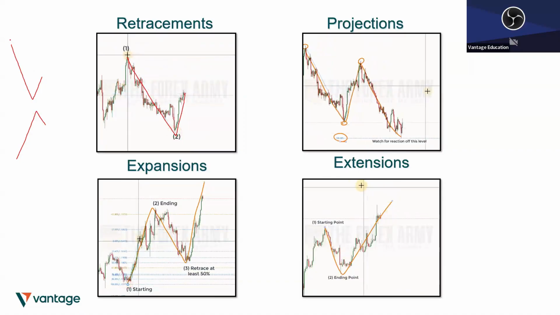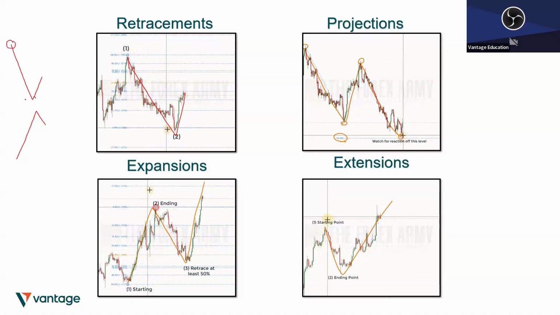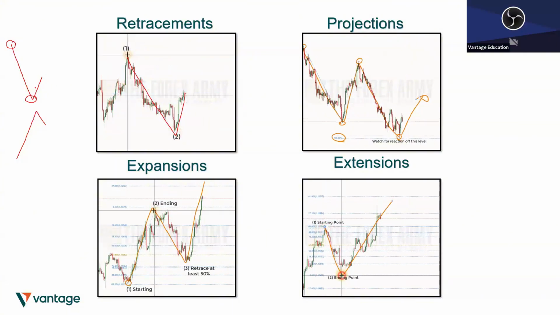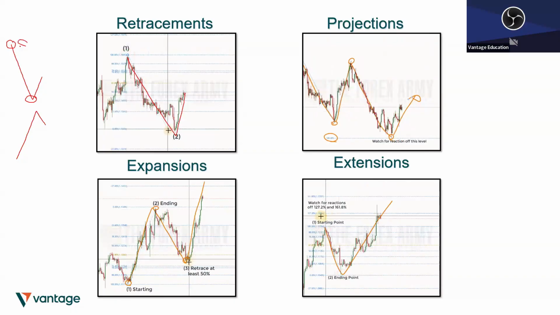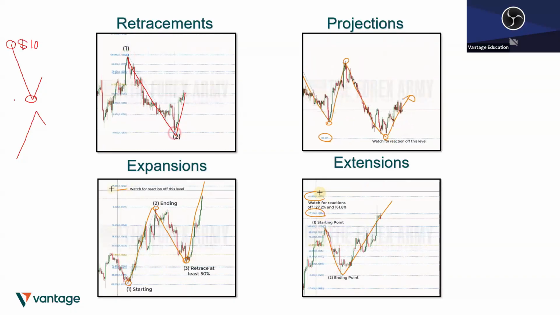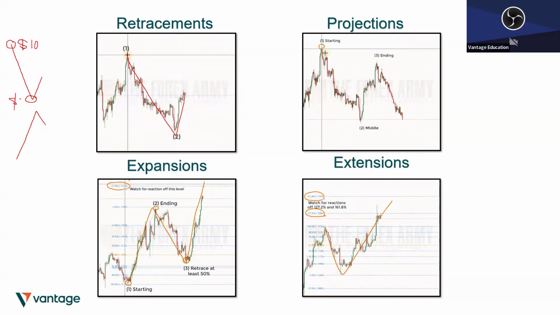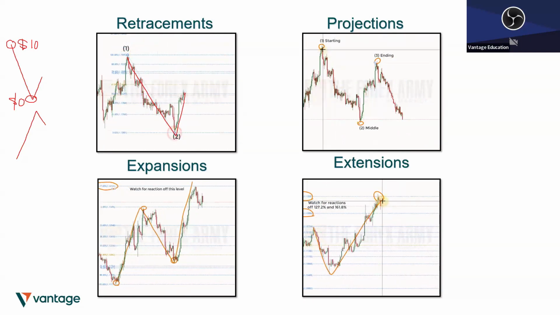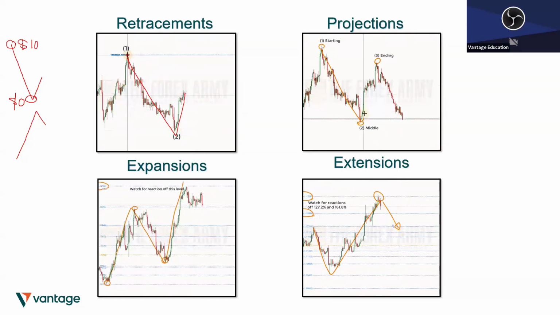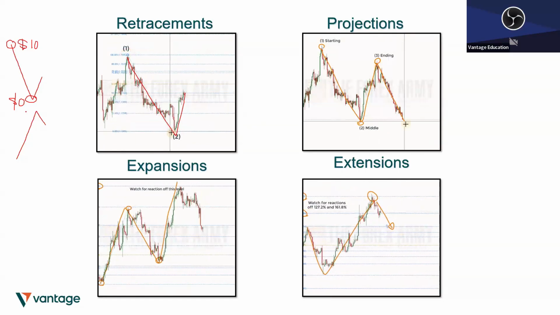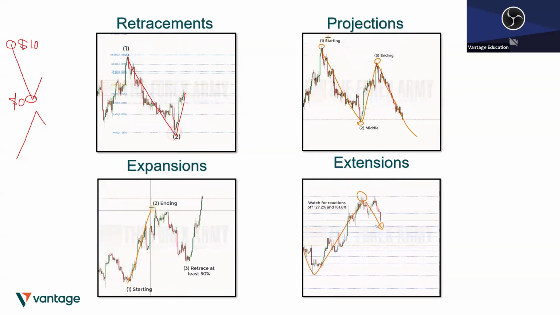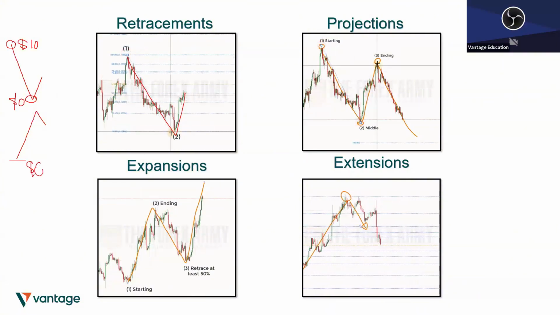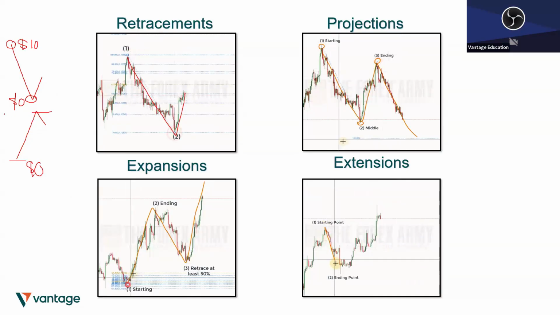You take this top part and this bottom part to find the levels within. Let's say price is at $0 here and at $10 here.